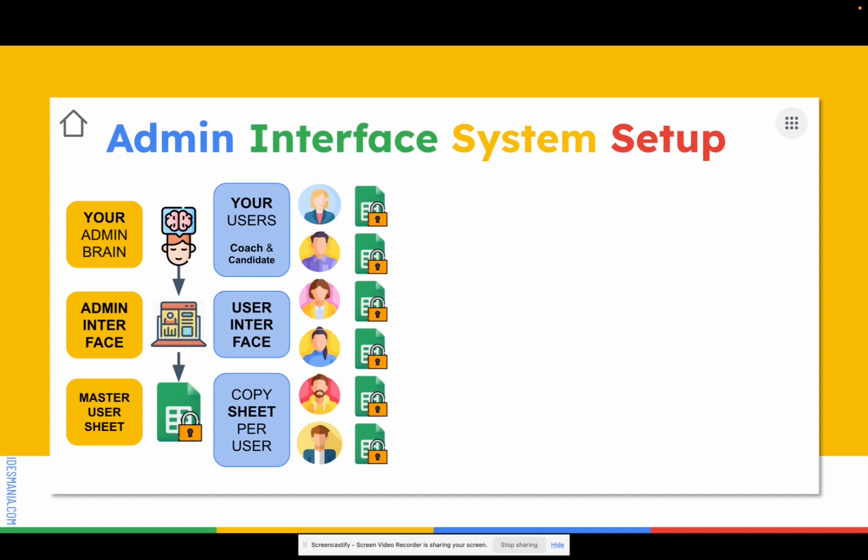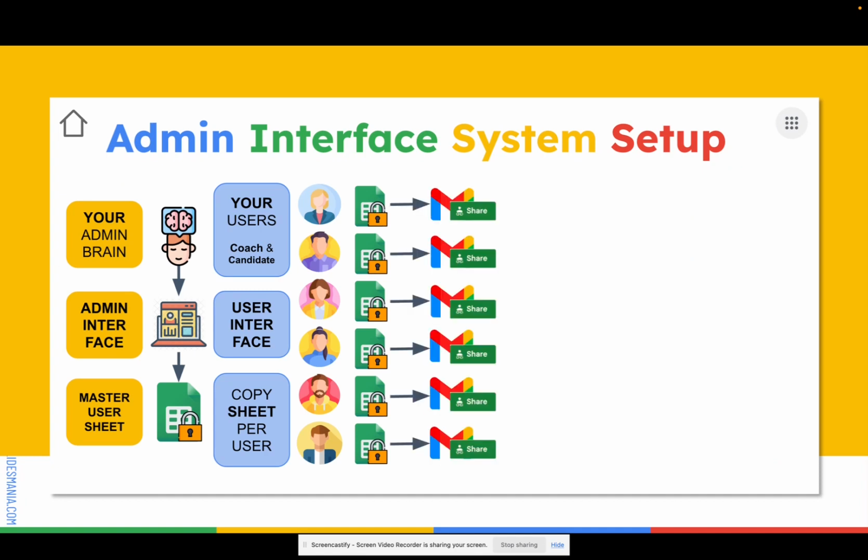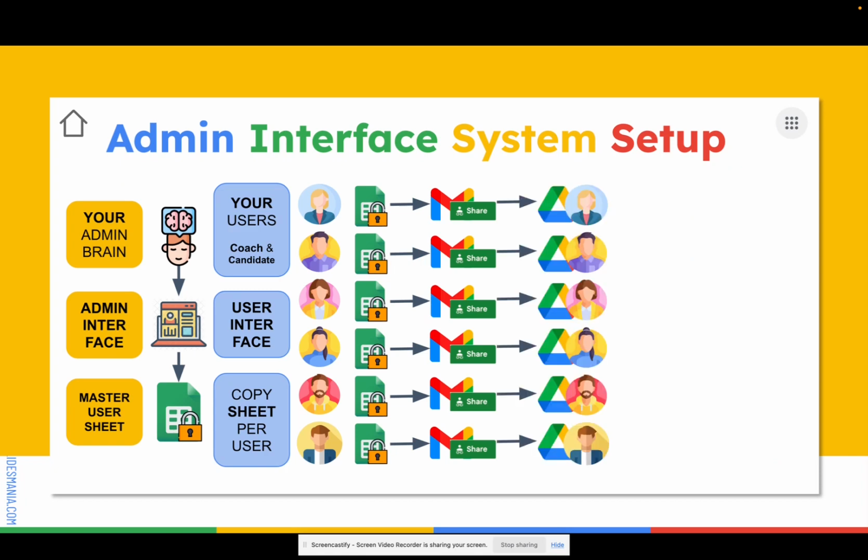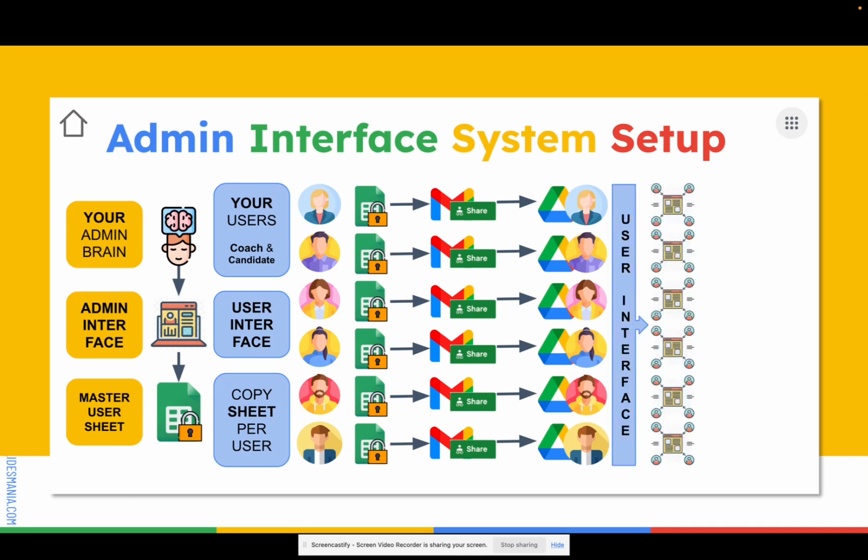Once you have created a copy for each of your users, you then share that out via Gmail or the share function within the sheet. They will be instructed to not make a copy of the Google Sheet, but to save it to their drive. Just save that same copy to their drive so that a connection will always be maintained between you and the user.